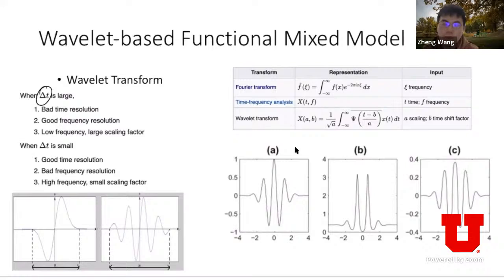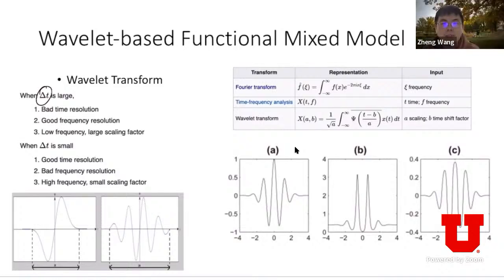You can get information of different frequencies and frequency information about signals in different locations in the time domain. That's why b actually indicates the locality.